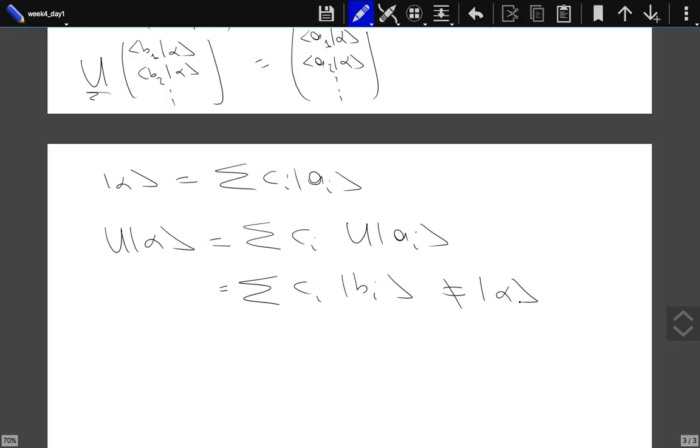So there are these two different things. U as an operator does change my state. I act with U on alpha, and it just changes A_i to B_i, but since B_i is a different basis, these coefficients did not change in this representation. So I obtain a different ket. This is a different ket than this one.